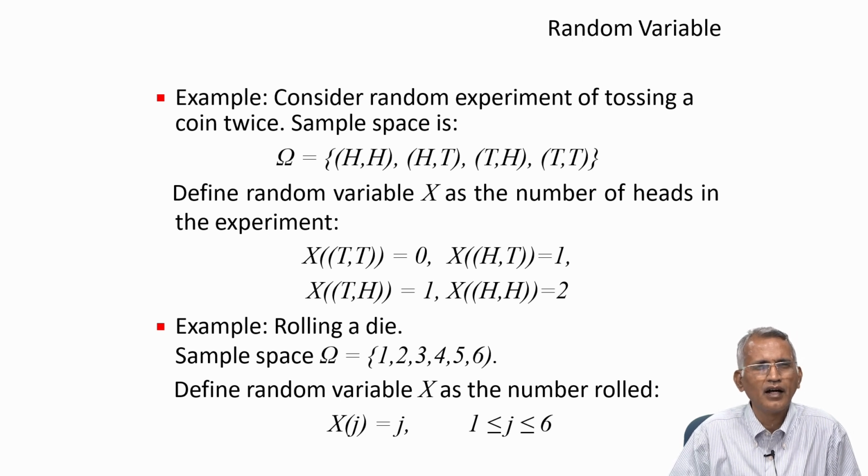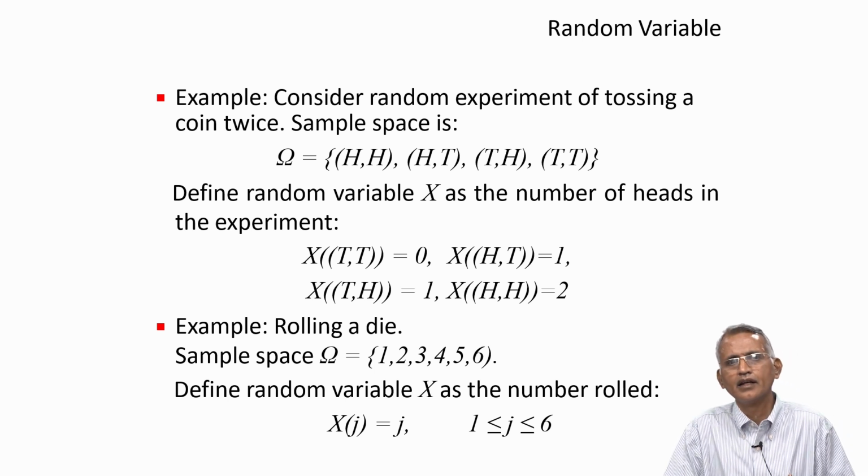Further, an example of a random variable: consider the random experiment of tossing a coin twice. The sample space is omega equal to HH, HT, TH and TT. Now, define a random variable X as the number of heads in the experiment.